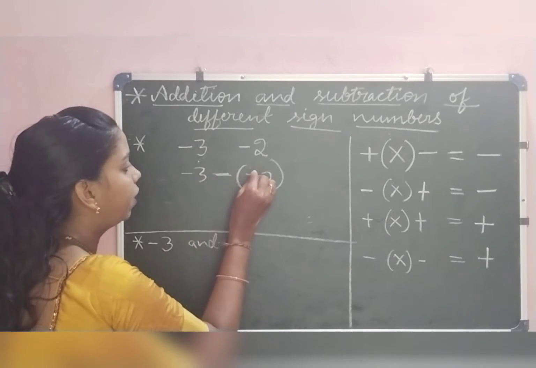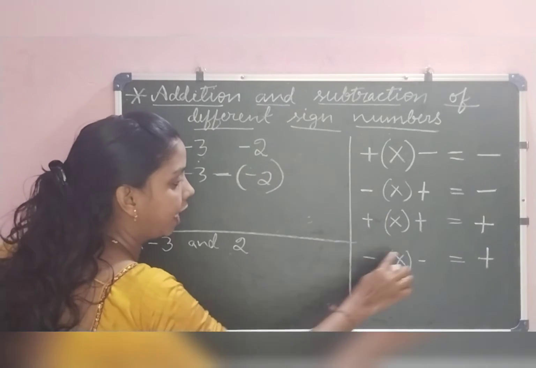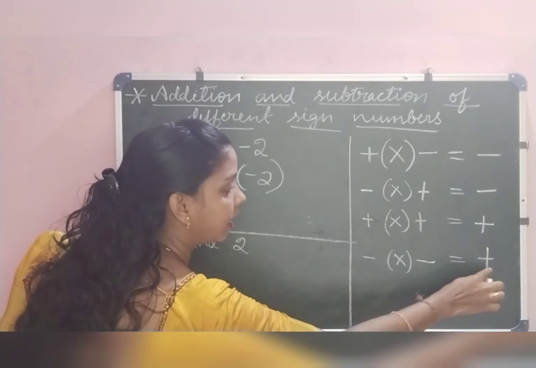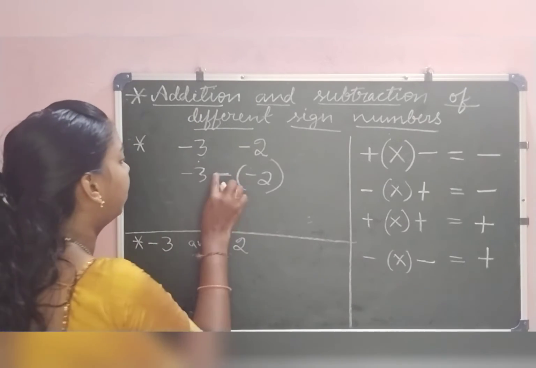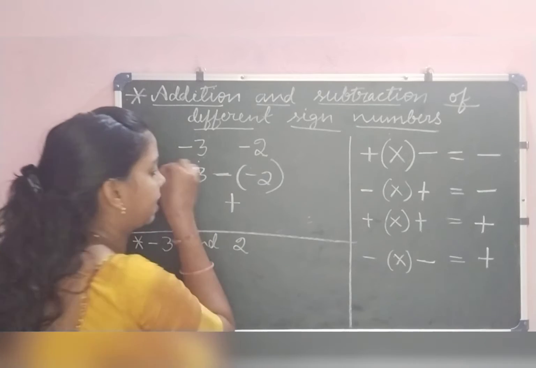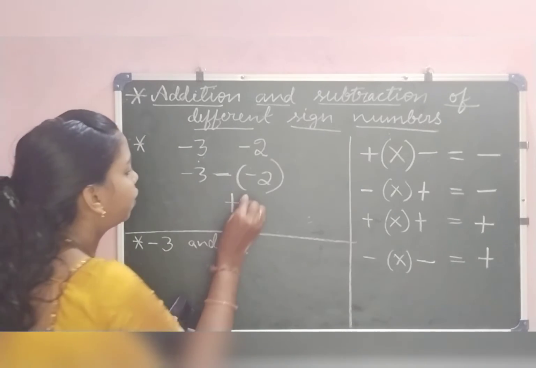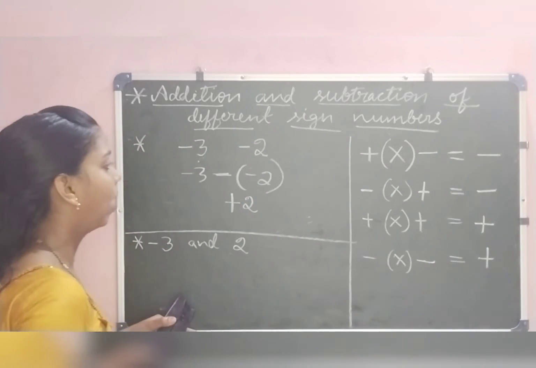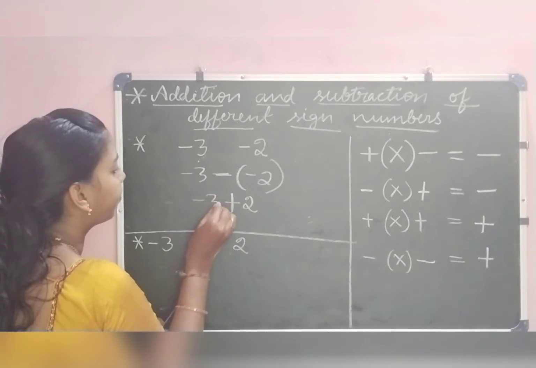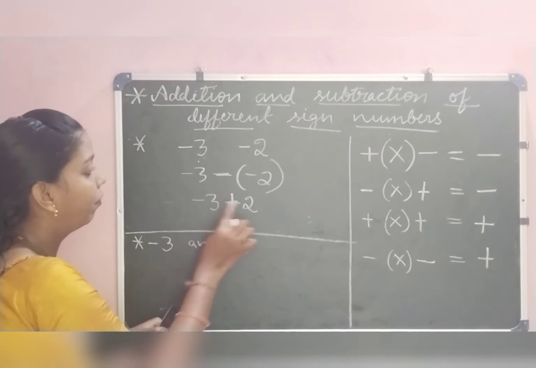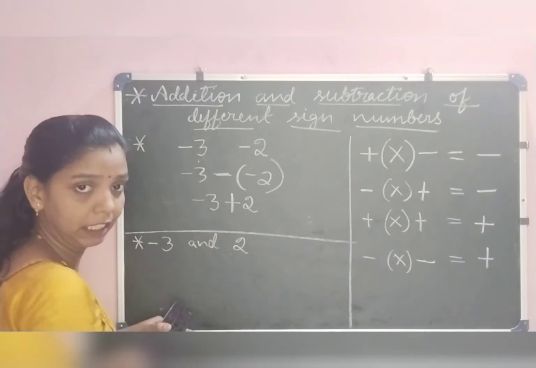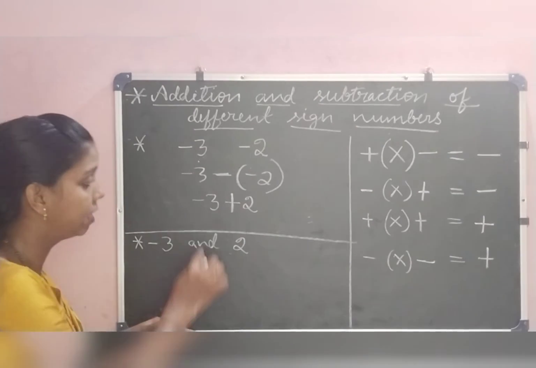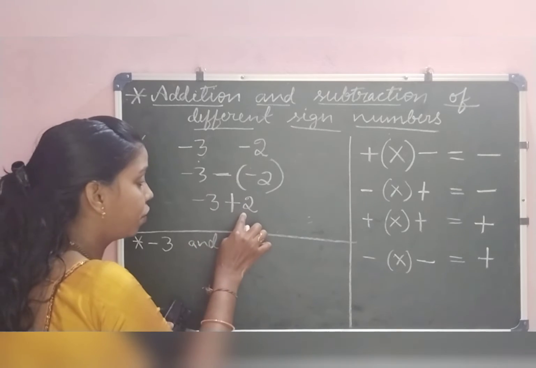So, minus into minus, that is plus. When you multiply the same sign, you will get plus. Minus into minus, plus 2. And this one is minus 3. Now, after multiplying the sign, you will get different sign numbers, minus 3 and plus 2.